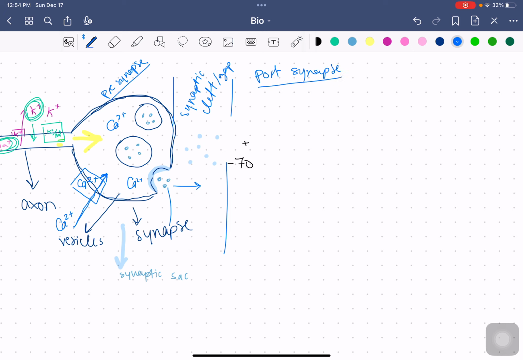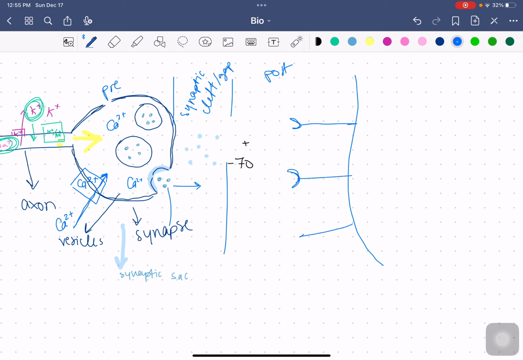Pre-neuron, anyways, we're going to have a pre and a post. So we're going to have our receptors over here, our receptors that are ready to catch all of our little neurotransmitters.